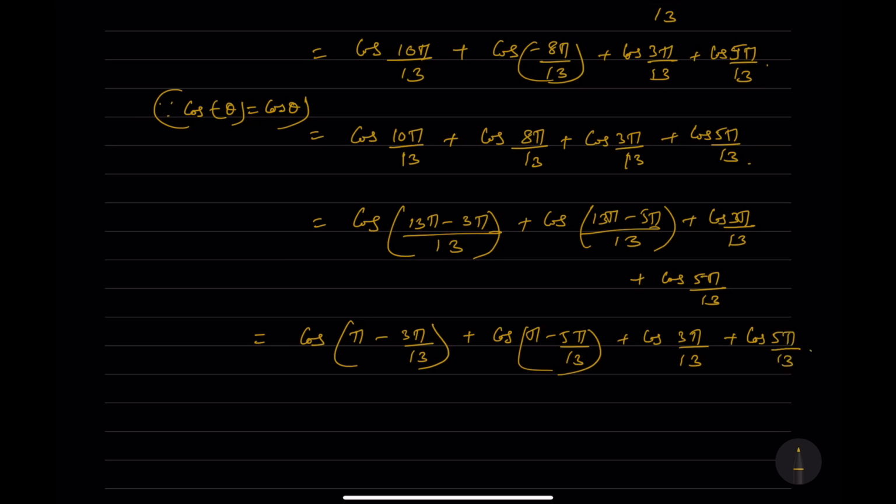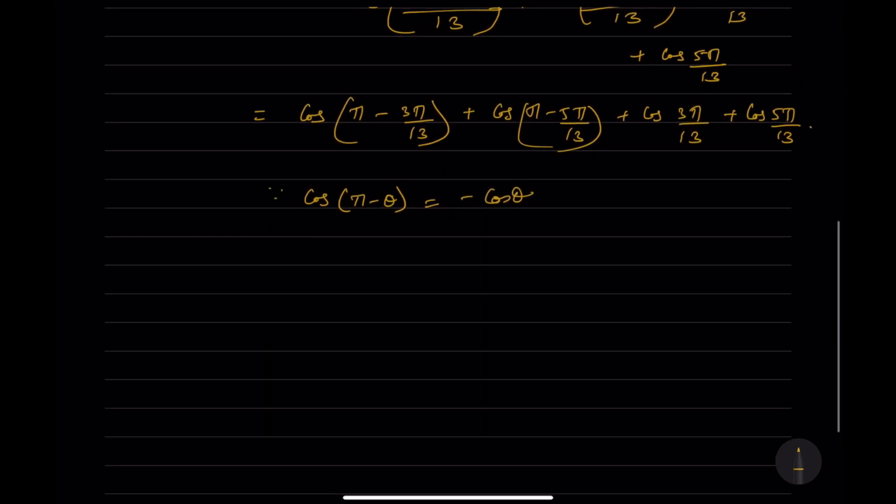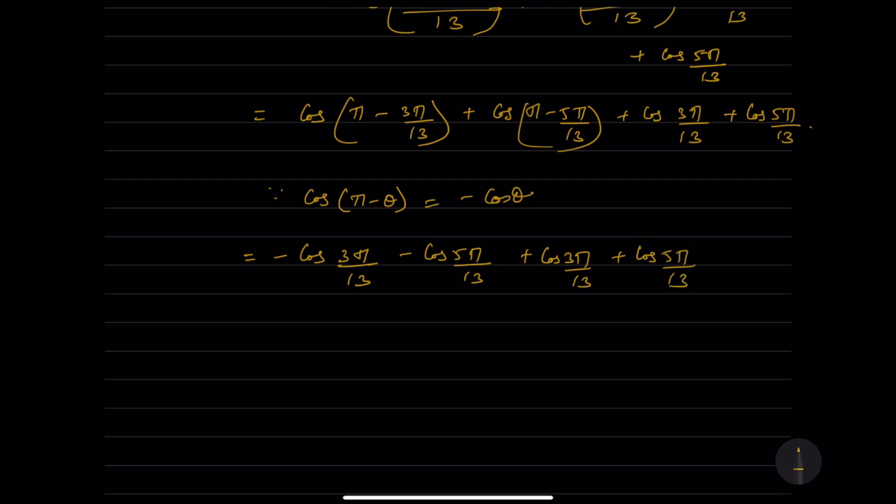Now we know that cos of pi minus theta is equal to minus cos theta, so therefore you have minus cos of 3 pi by 13 minus cos of 5 pi by 13 plus cos of 3 pi by 13 plus cos of 5 pi by 13. So this and this will get cancelled, this and this will get cancelled, this is equal to 0, which is equal to RHS, hence proved.